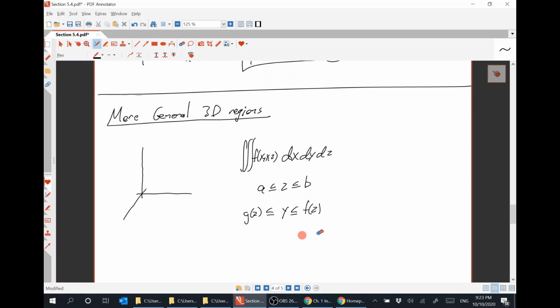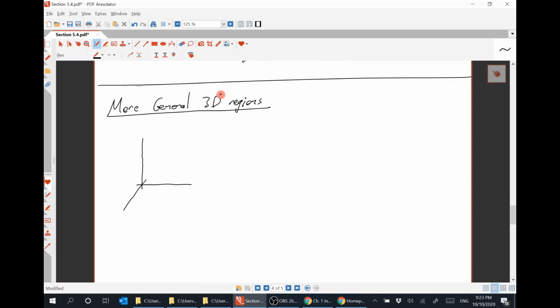Okay, but let's draw the region in the ordering that I would normally do it. So here, let's say a and b are bounds for x. So x has constant bounds. And then the y is going to be bounded by functions of x.